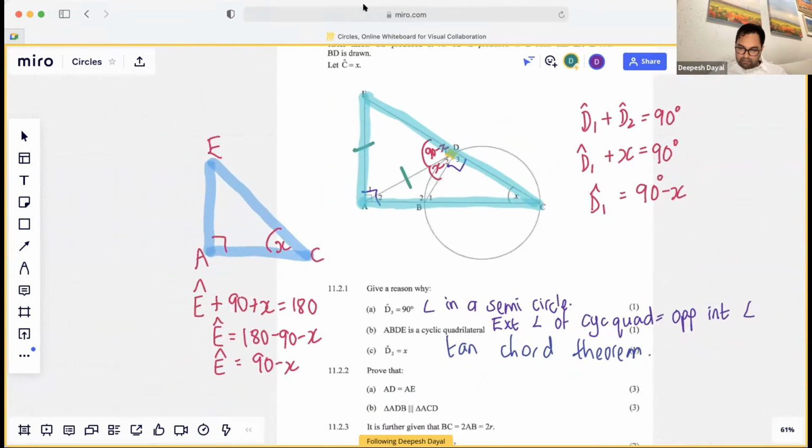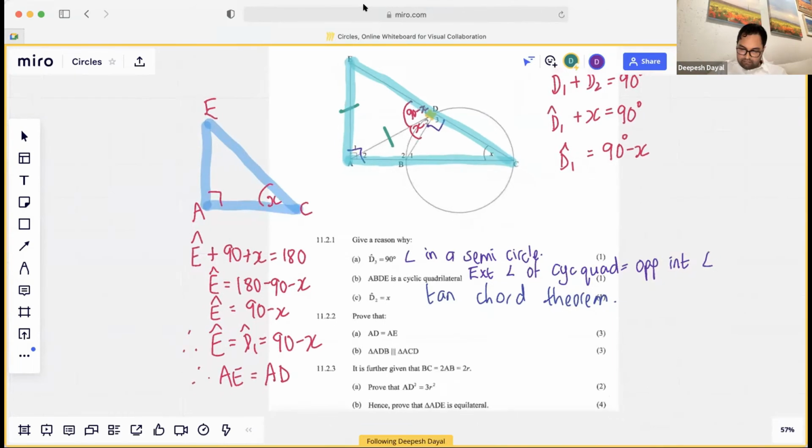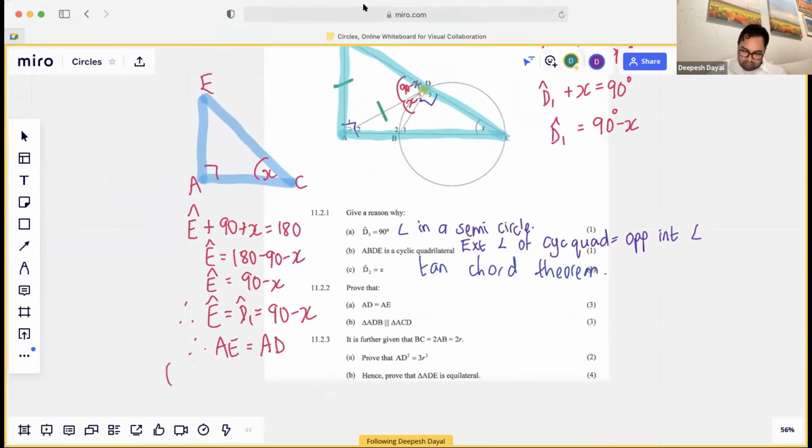So I'm going to write here, therefore, E equals D1, which equals 90 minus X. Therefore, AE equals AD, because it is sides opposite equal angles.